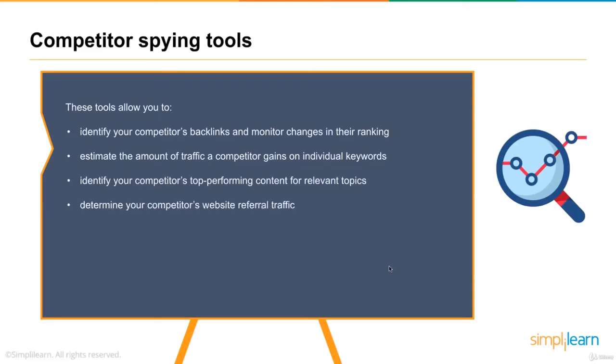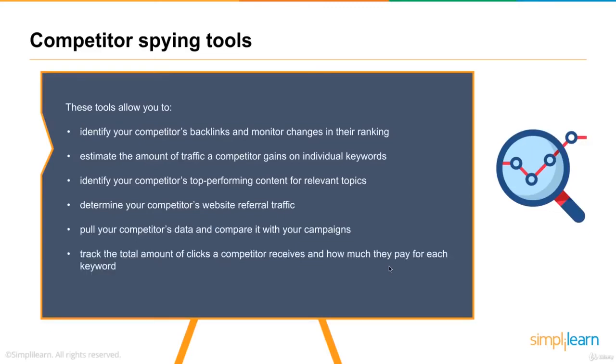We can determine what our competitors' website referral traffic is. We can pull our competitors' data and compare it with our own campaigns. So there are lots of tools out there to help you do this. We may also want to track the total amount of clicks a competitor receives and how much they pay for each keyword. Let's take a look at a few examples of how we can leverage all these bullet points that we just discussed.